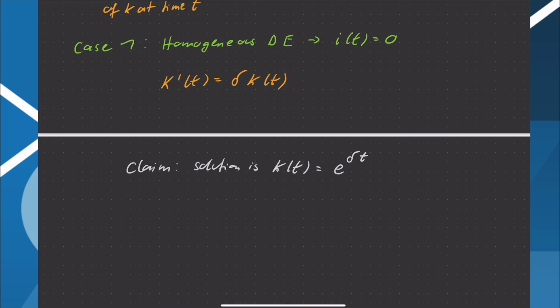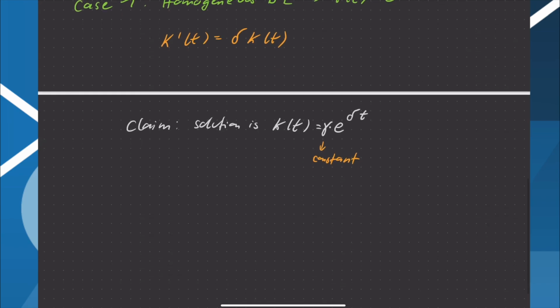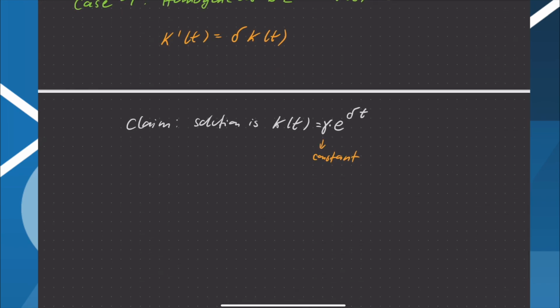And more precisely, we can also multiply this by any constant, because that constant will be in k and also in k prime. So that will just cancel out. Okay, so we have gamma times e to the delta t where gamma is some constant.